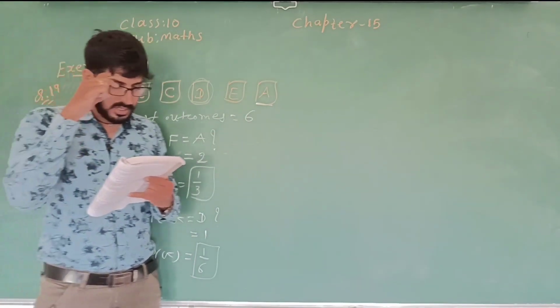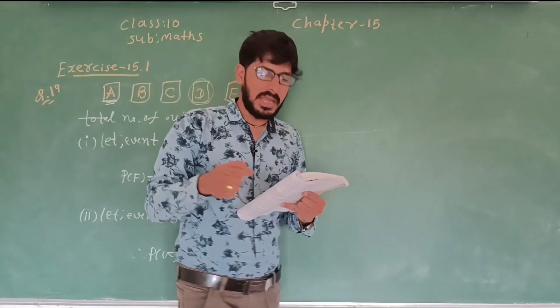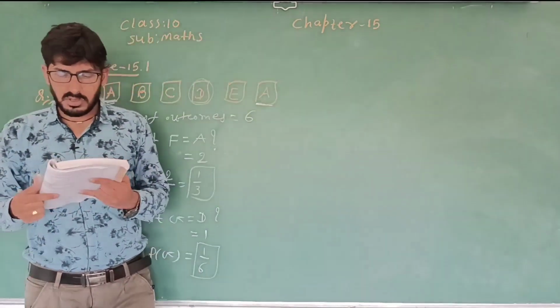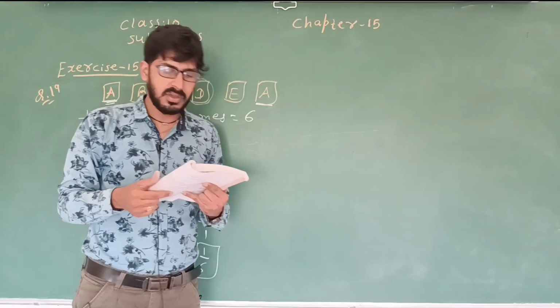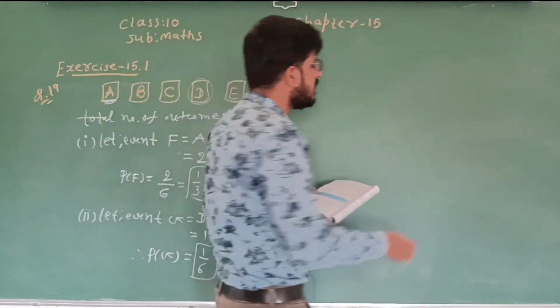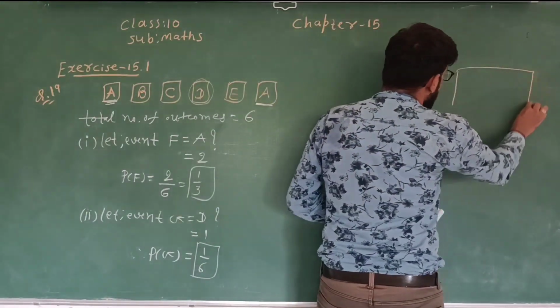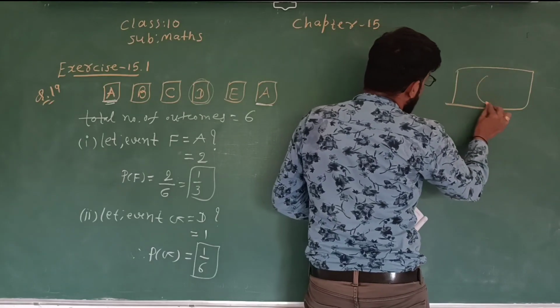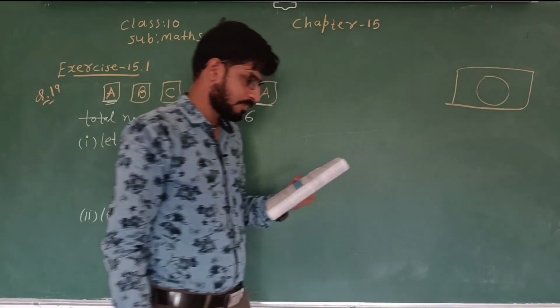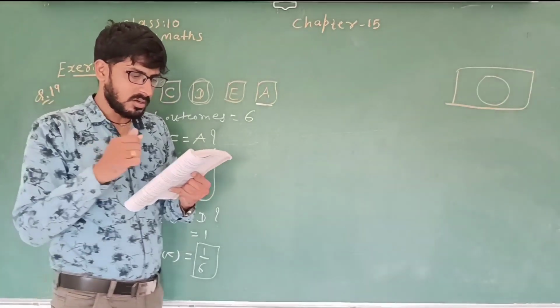Next, question number 20. Suppose you drop a die at random on the rectangular region shown in figure 15.6. Here the rectangular region is given, and also a circle.